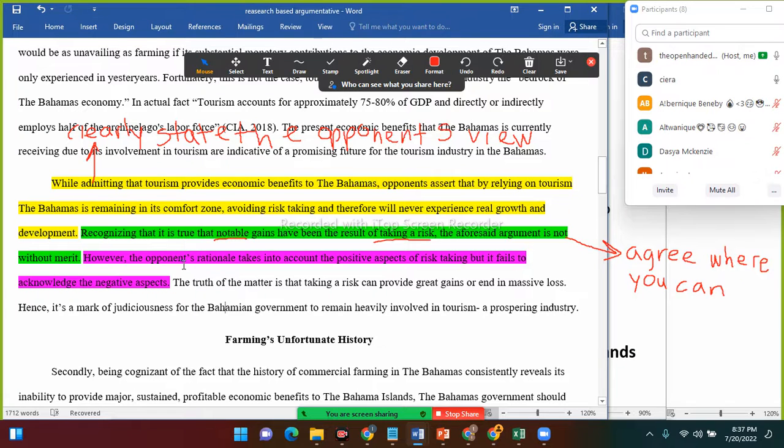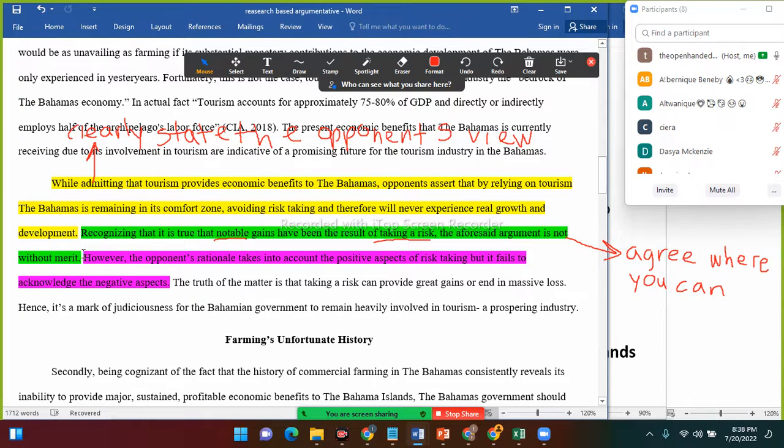Rationale takes into account the positive aspects of risk taking, but it fails to acknowledge the negative aspects. Excellent. So I said, however, the opponent's rationale takes into account the positive aspects of risk taking, but it fails to acknowledge the negative aspects.